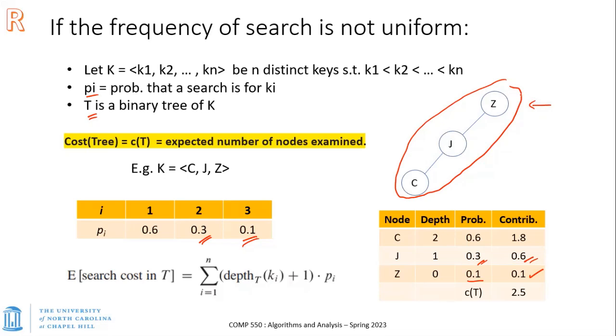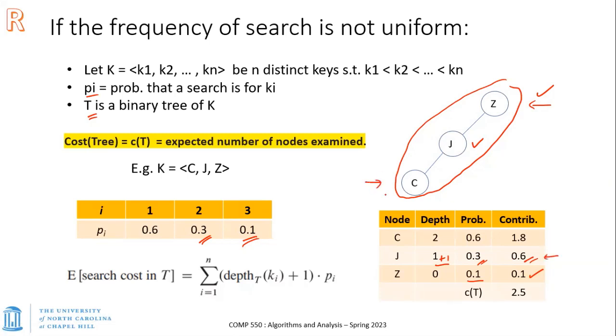So you examined one node, then a second node, for a total of 2 nodes. So we take 1 plus 1, the number of nodes examined, so 2 times 0.3 is 0.6.